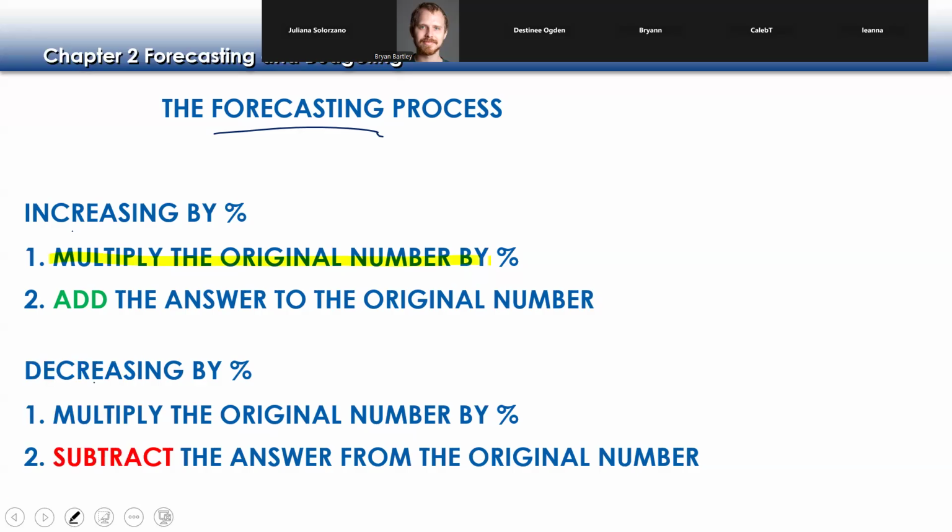Step 1, whether we increase or decrease, is the same thing. We want to multiply by the given percentage. The only difference is if we're increasing by a percentage, we take that answer and add it to the original number.